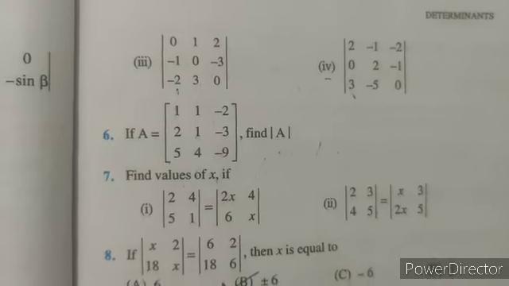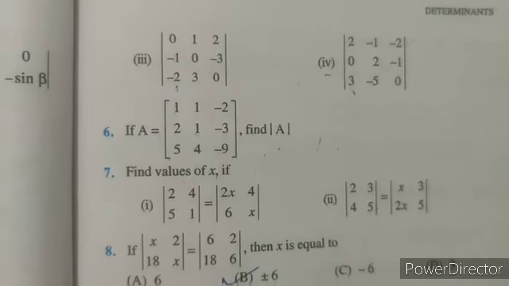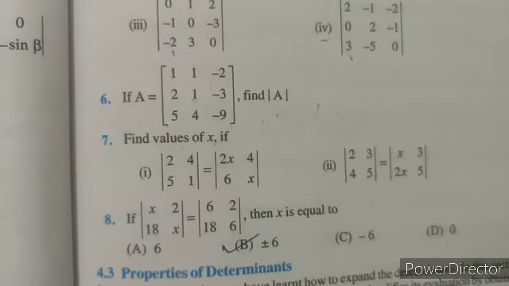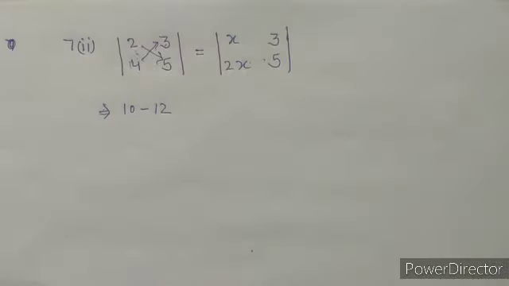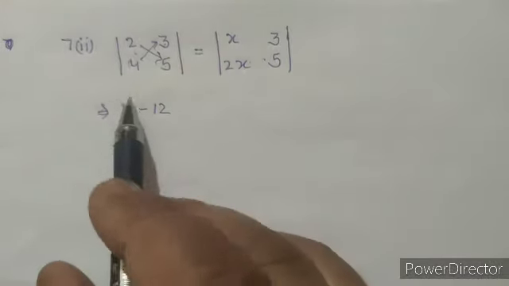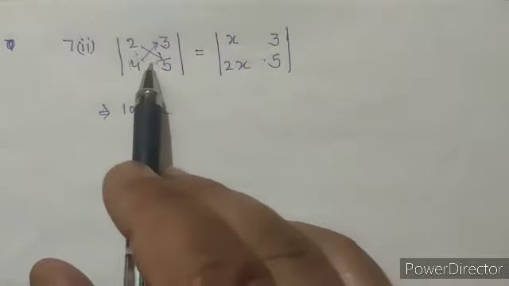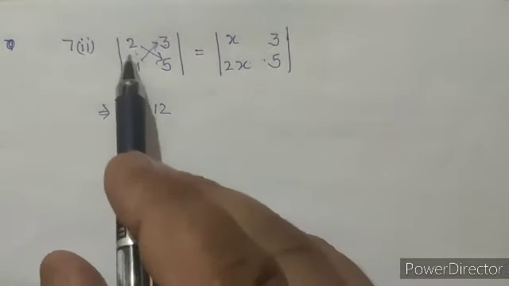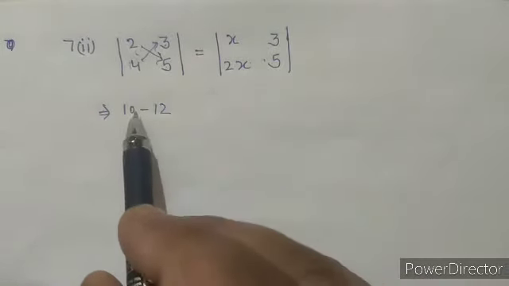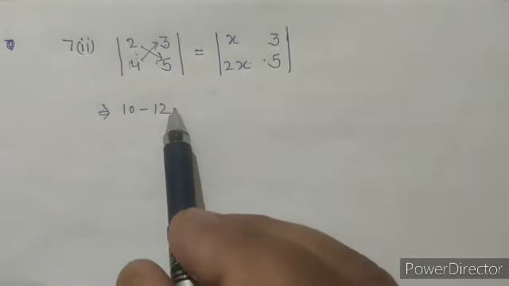Now come to question number 7. I am doing the second part of it. Here the two determinants are given equal. This is a simple question. We have to find the value of the determinant on both sides. 2 into 5 will be equal to 10, and 4 into 3 will be equal to 12.